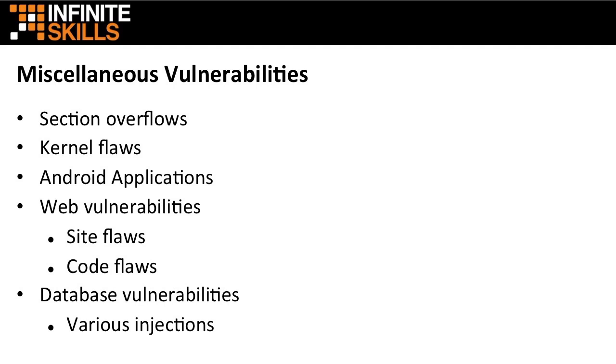It's been misconfigured or there's a problem with the web server, etc. And we will also talk about code flaws, an error on that specific site that the developer of that site created. We will also briefly talk about database vulnerabilities, and those normally come in various injections. And often this can be combined with web flaws. So you might have a website which uses a database that is subject to some injection flaws. And we'll talk about that.